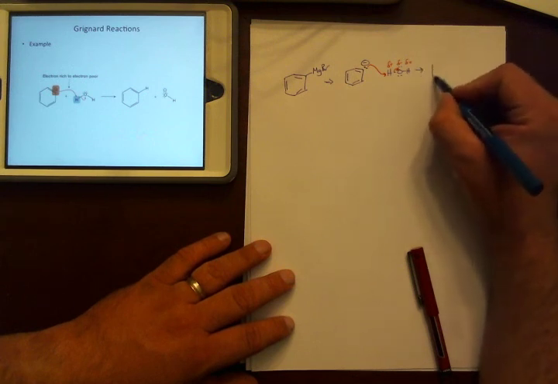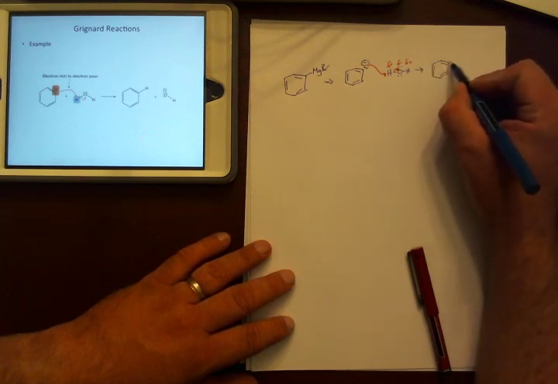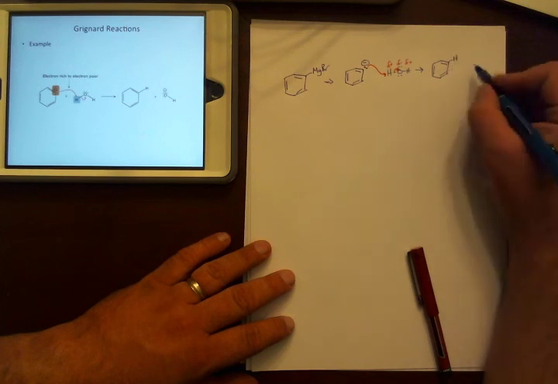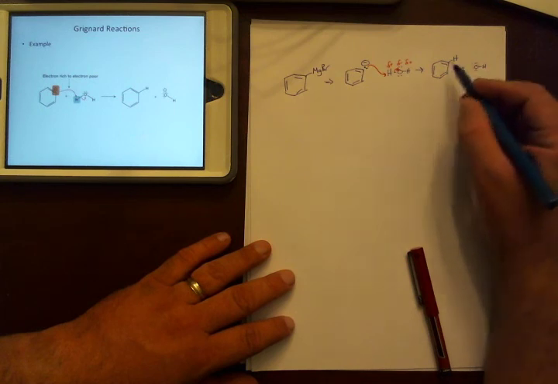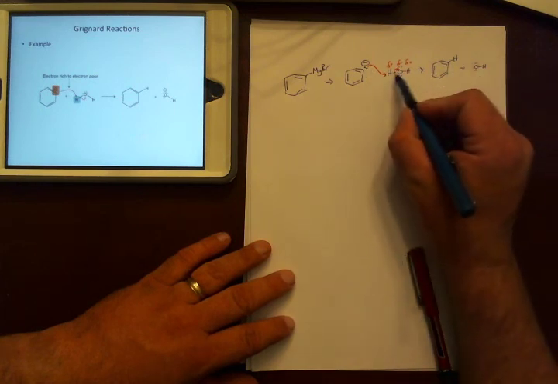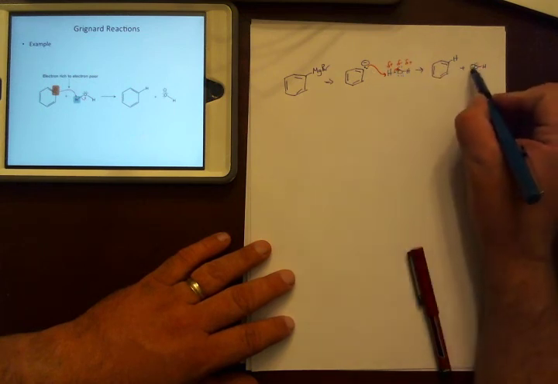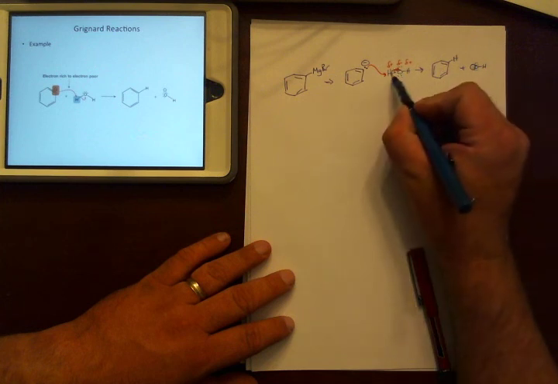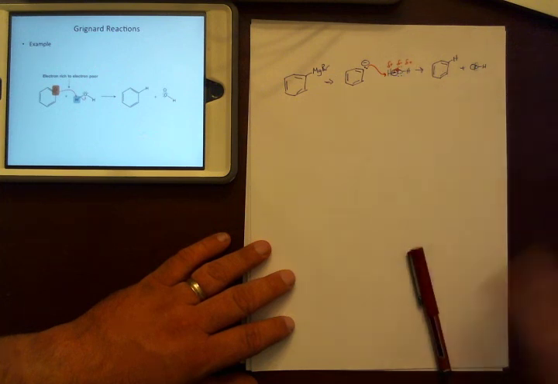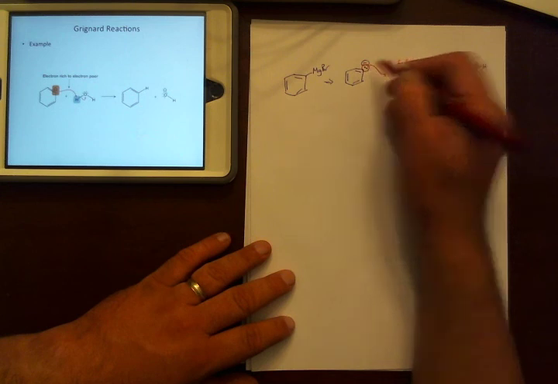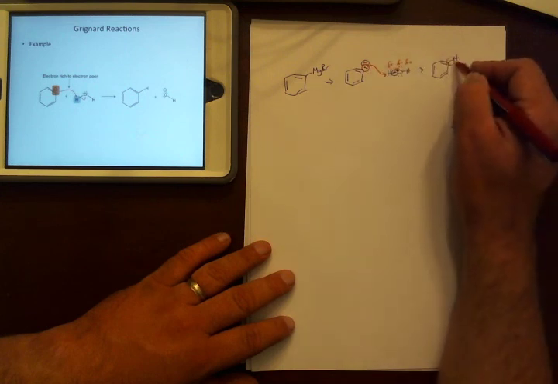You're going to make benzene, the world's most expensive benzene, with that hydrogen going there, plus OH minus. So the bond there turned into that, and that lone pair of electrons turned into this bond there.